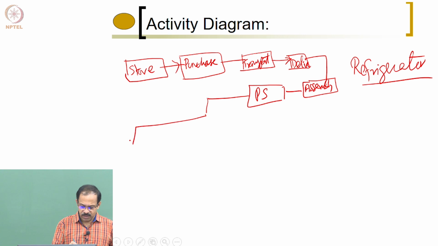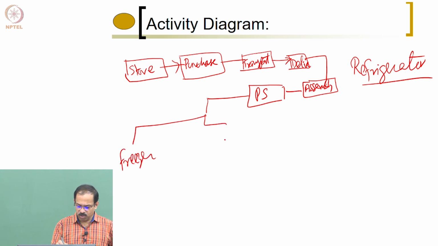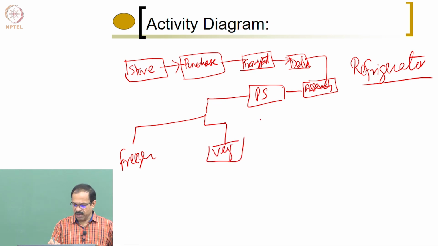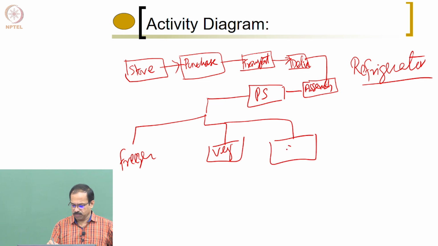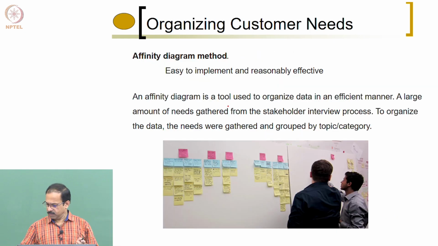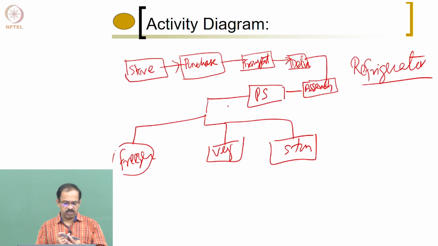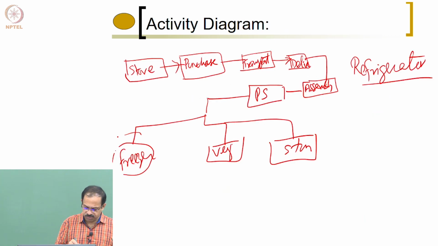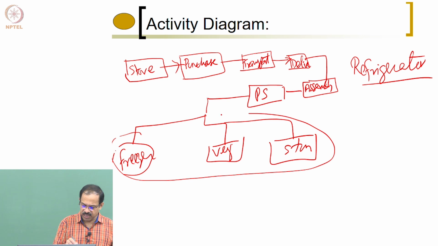You will be having a freezer, the normal vegetable storage, and other storages also, right? So this is the way you will be using it. So all these things can be considered as use the products.